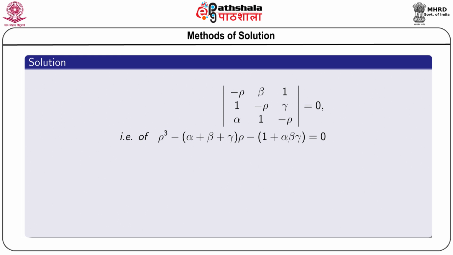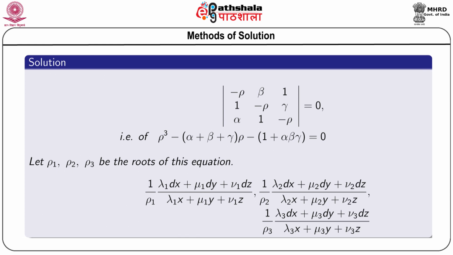That will give a cubic equation in rho, where the coefficients are written in terms of alpha, beta, gamma. Solving this equation we will get 3 values of rho, and let us suppose that those 3 roots are rho 1, rho 2 and rho 3.